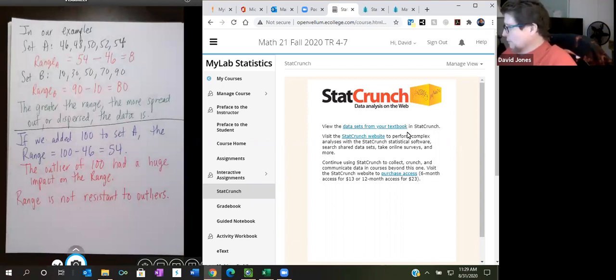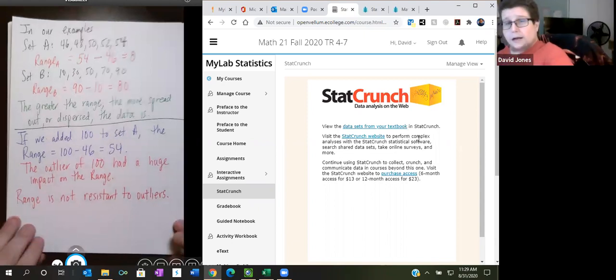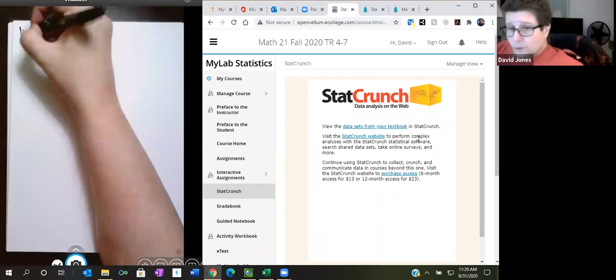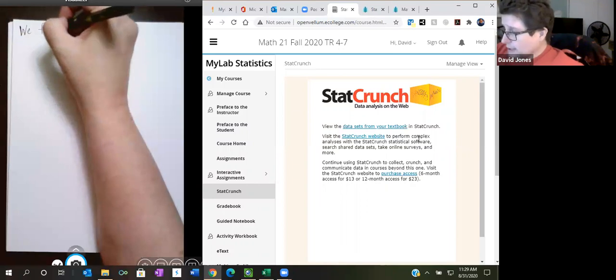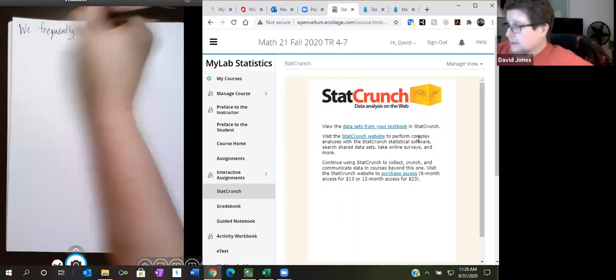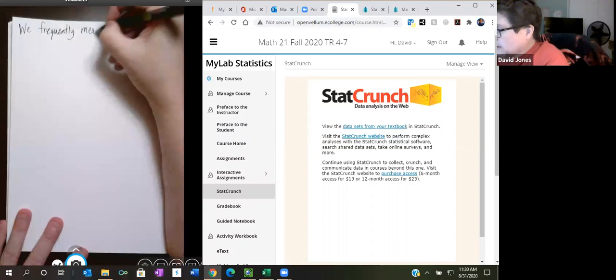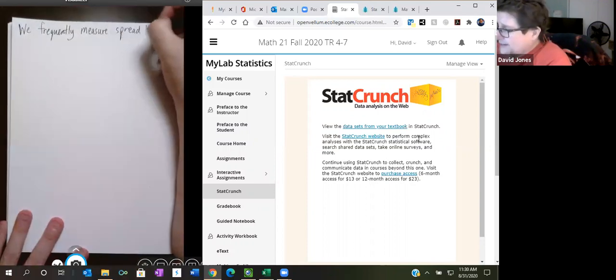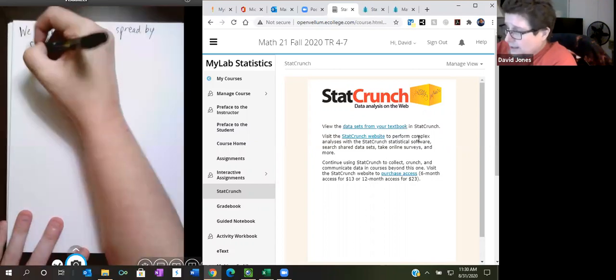A better way of measuring spread. So I'll pause and let you write this down. Okay. We frequently measure spread by standard deviation. That's what we call it.